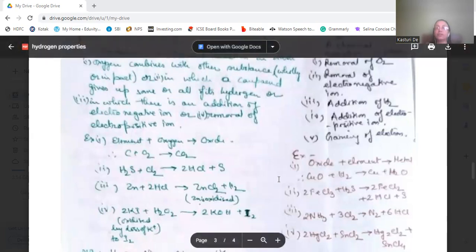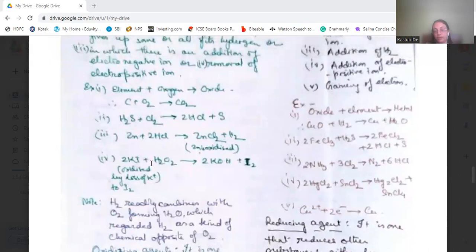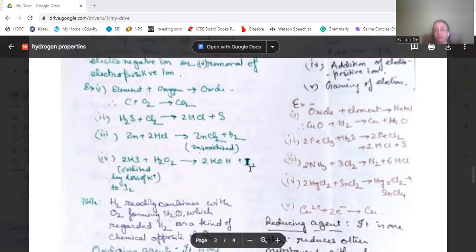Clear? Next, potassium iodide. Here, in this reaction, there is removal of an electropositive ion. Potassium is an electropositive ion. This potassium is removed and iodine is separated.